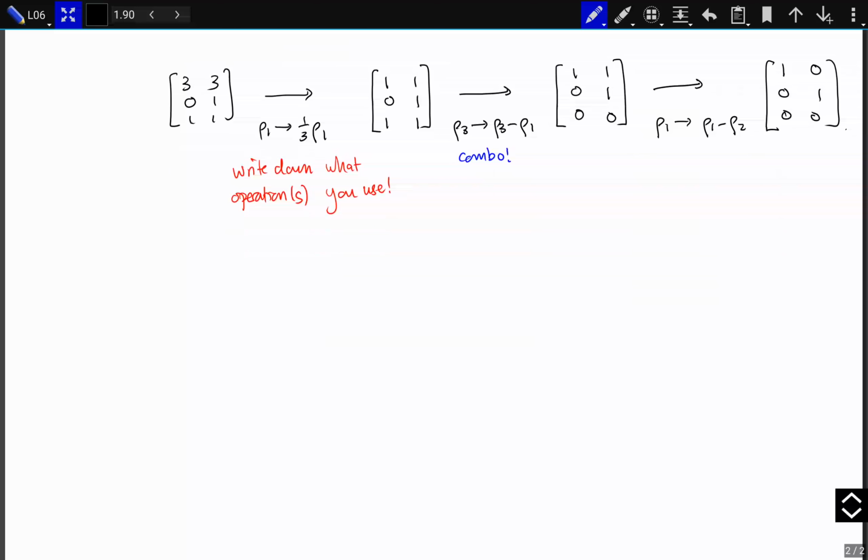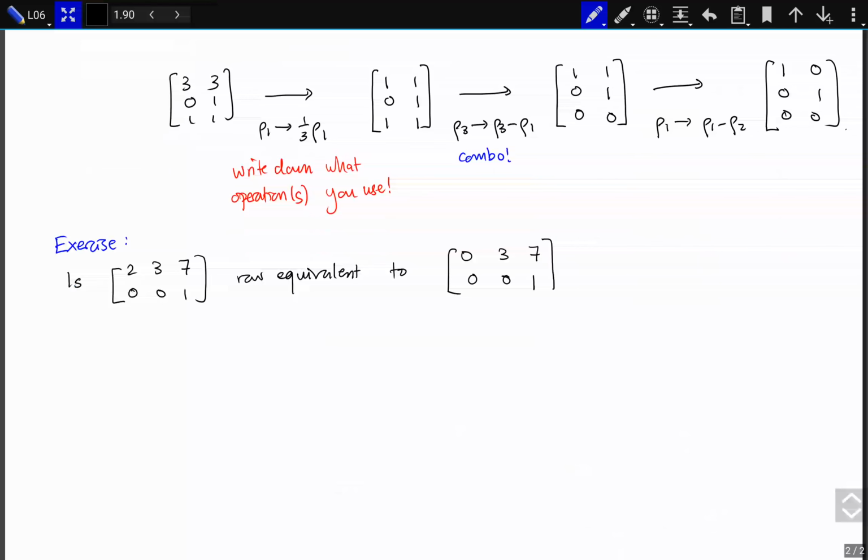So here's your first exercise of today, just to check you're watching along with the video. I want to ask you, is this matrix row equivalent to this other one I'm going to write down? And if yes, why?